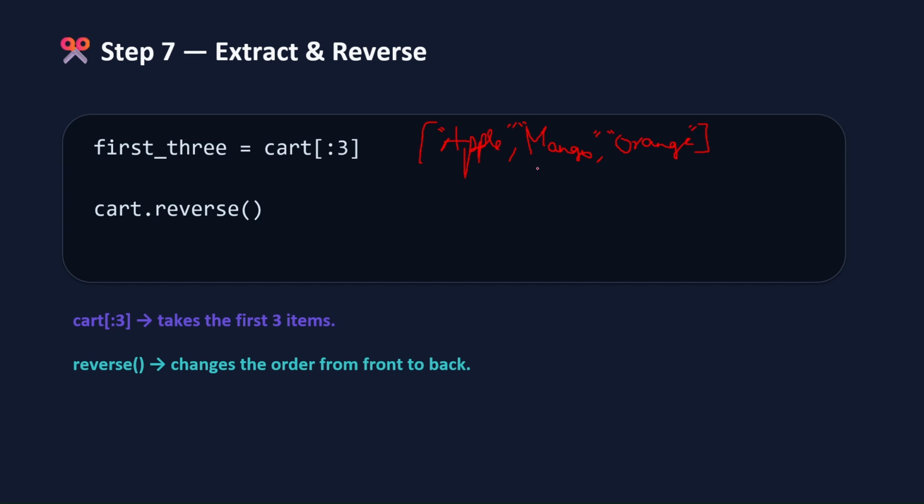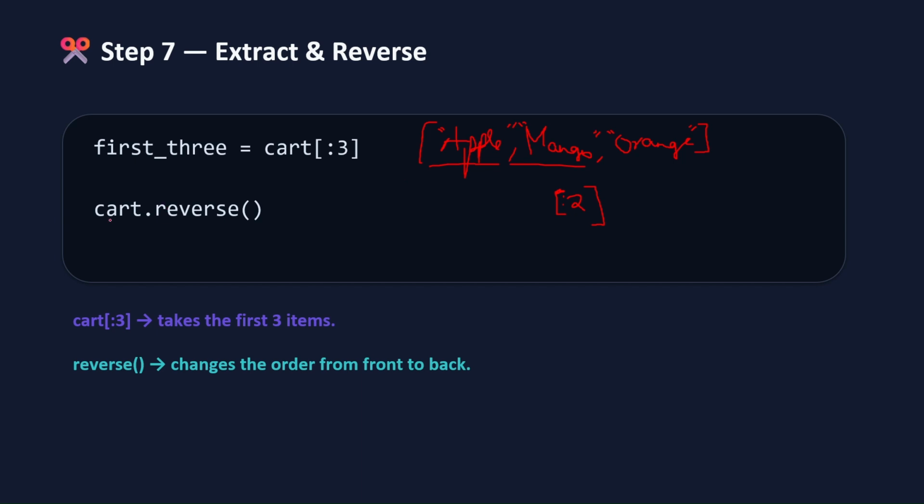Now I need only the first two items. So what should I do? I need to say inside the square brackets colon 2. When I give that, only my apple and mango will be given in my output.